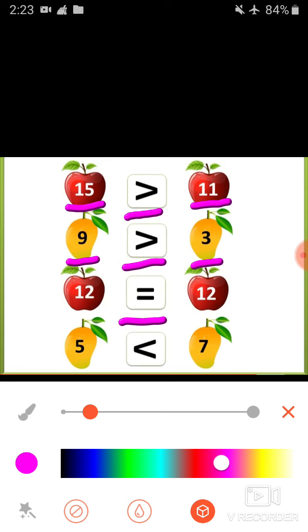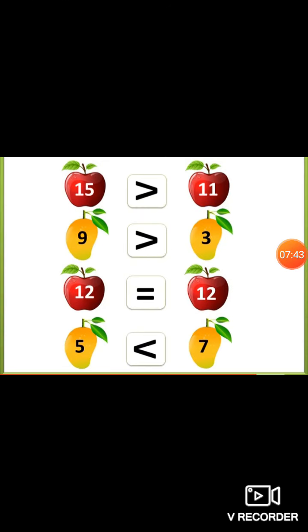So here we have to put the symbol of less than. I hope you understood the concept of greater than, smaller than and equal to. And I am sure that when you are asked, you can tell this topic very well.